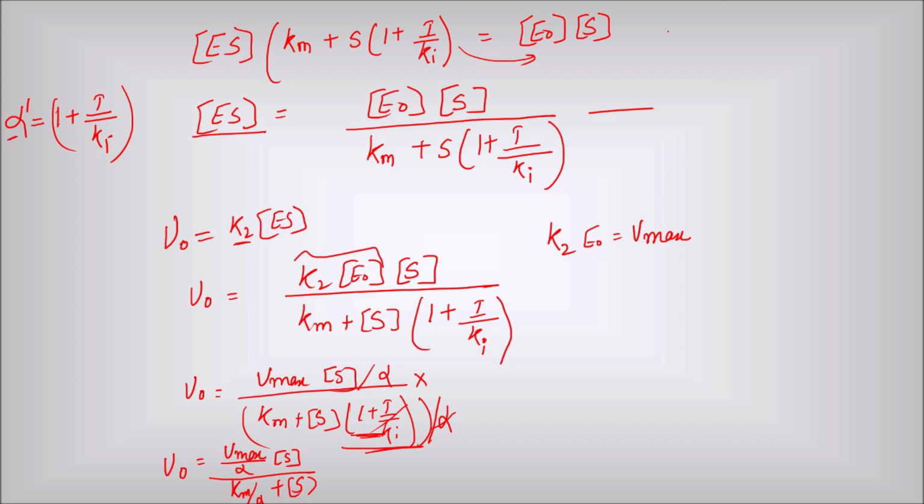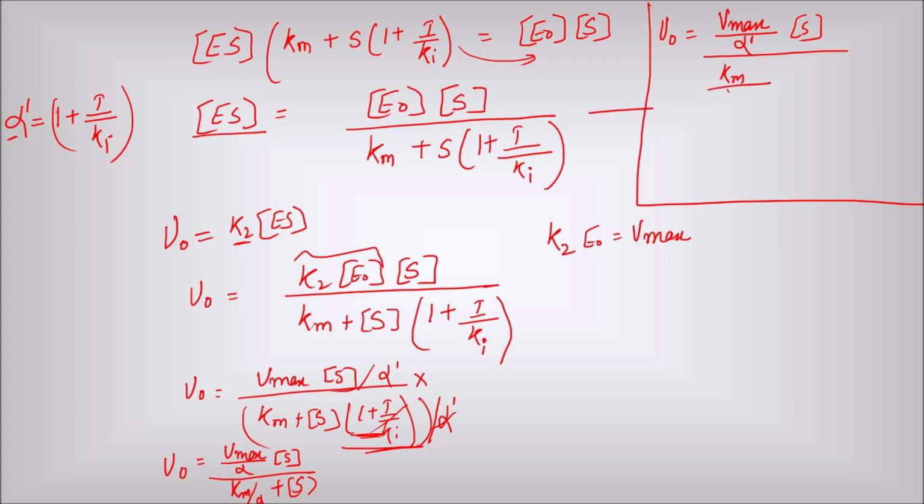So finally, we got the initial velocity as V max divided by the alpha dash factor, divided by substrate, and here also Km divided by the alpha dash factor, plus substrate concentration. In this way the whole system will be affected when the inhibitor is uncompetitive.